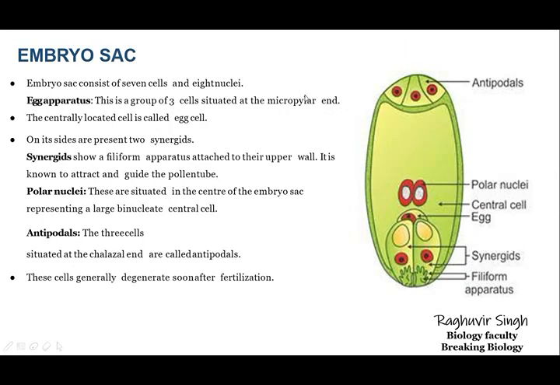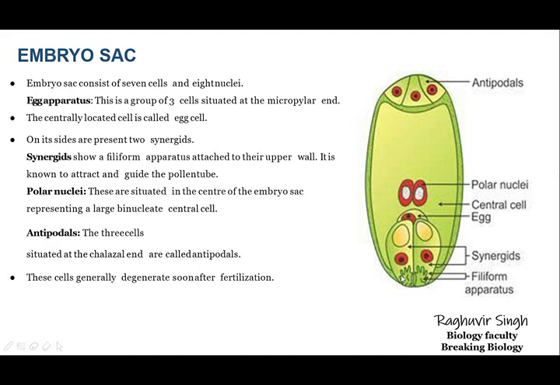Now coming to the embryo sac. As I already told you, the 3 cells toward the micropyle form the egg apparatus, whereas the 3 cells toward the chalaza form the antipodal cells. The egg apparatus contains a single egg, which is haploid, and 2 other cells, the synergids, surrounding the egg, which are also haploid.